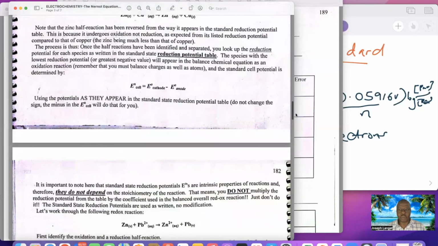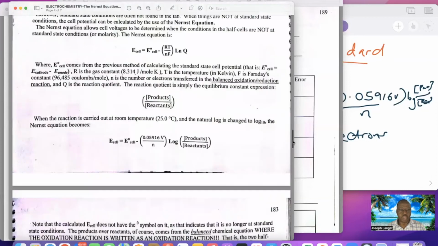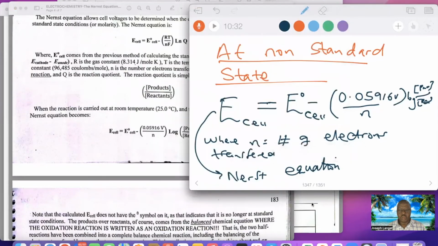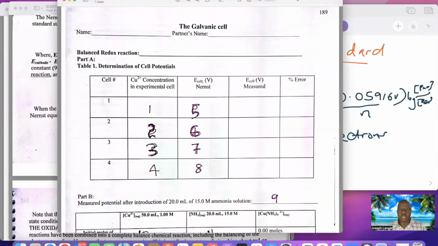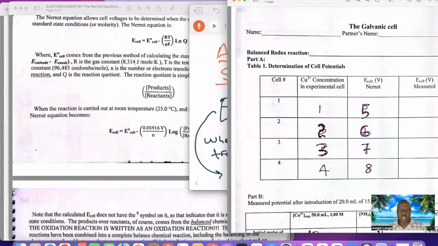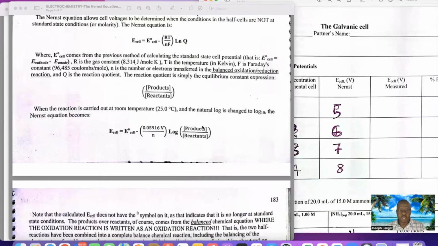I'm going to use that to find the standard cell potential. But on the data sheet here, you have to use the cell right here. For 5, 6, 7, and 8, this is the equation you will use.